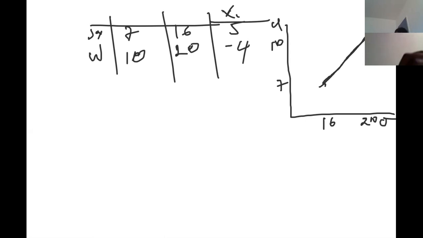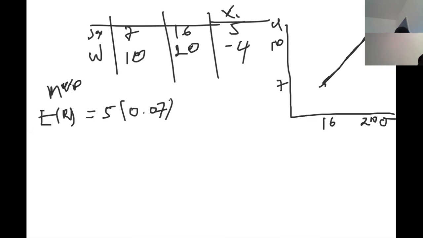All right. So now we know that the minimum weights are what? 5 and -4. So then the expected return at that point becomes 5 multiplied by 0.07 or 7%, minus 4 multiplied by 0.1, which is 10%.